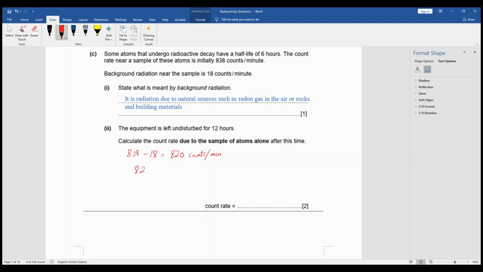So 820 divided by 2 two times. Of course, you can also make it look very nice: you say times half, times half. And use your calculator, you should get 205. So your count rate is 205 counts per minute. Take note, every time they never give you the unit in the answer line, please write your own. Do not be so arrogant and then they minus your marks unnecessarily.